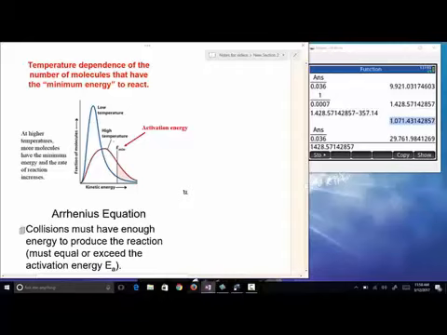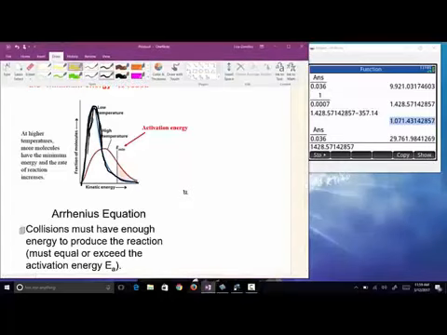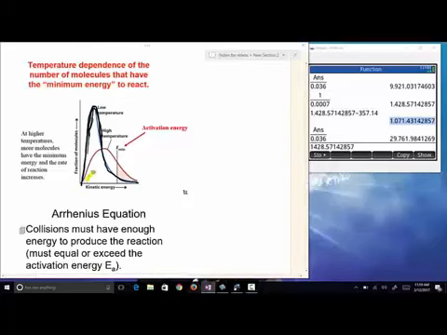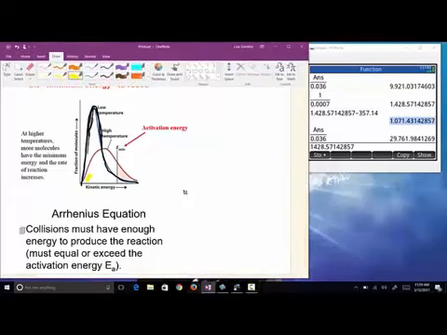What you should see is that as we increase the temperature, the distribution of the kinetic energies broadens out. At lower temperatures, we have a much narrower peak, like right here, so a smaller range of kinetic energies, whereas at a higher temperature, let me just put a mark here.